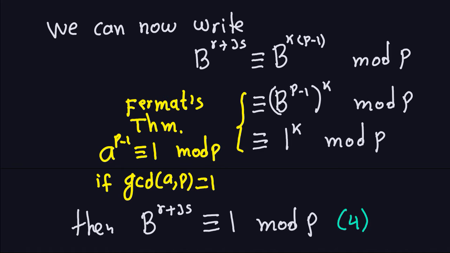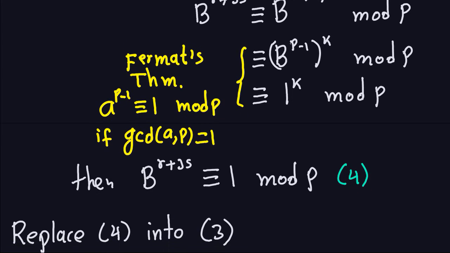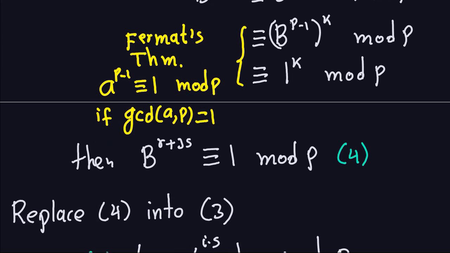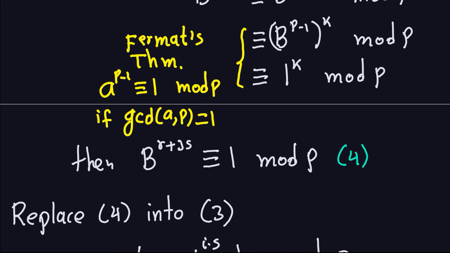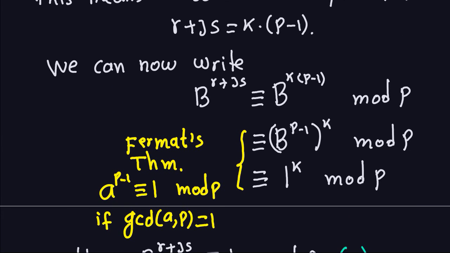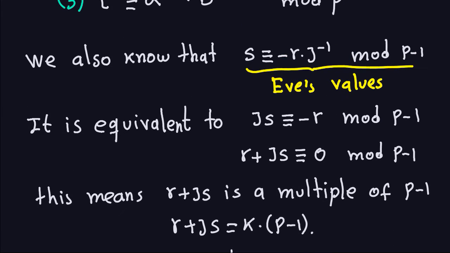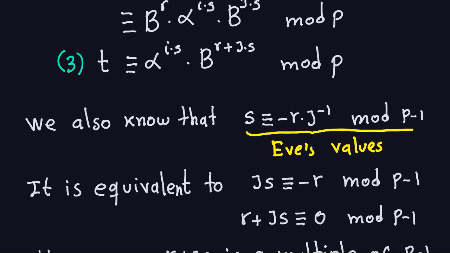Okay, so now I'm going to replace 4 into 3. So I'm going to basically combine equation number 4 into equation number 3. Keep in mind what this equation is, and I'm going to scroll up and show you equation number 3 again. And this is equation number 3. So I just showed you that this guy here is 1 modulo p. So I can replace this b to the r plus js by 1.